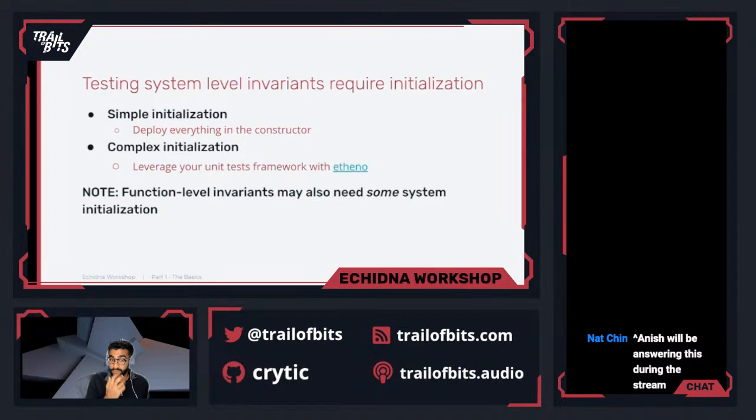And just note, to be completely frank, that initializing and setting up systems for fuzzing is arguably one of the most important parts, because setting it up correctly will set up Echidna properly to do what it needs to do. I also want to note that functional level invariants may also need system initialization. For example, let's say you're testing a deposit function. Again, functional level invariants focus on a single function.